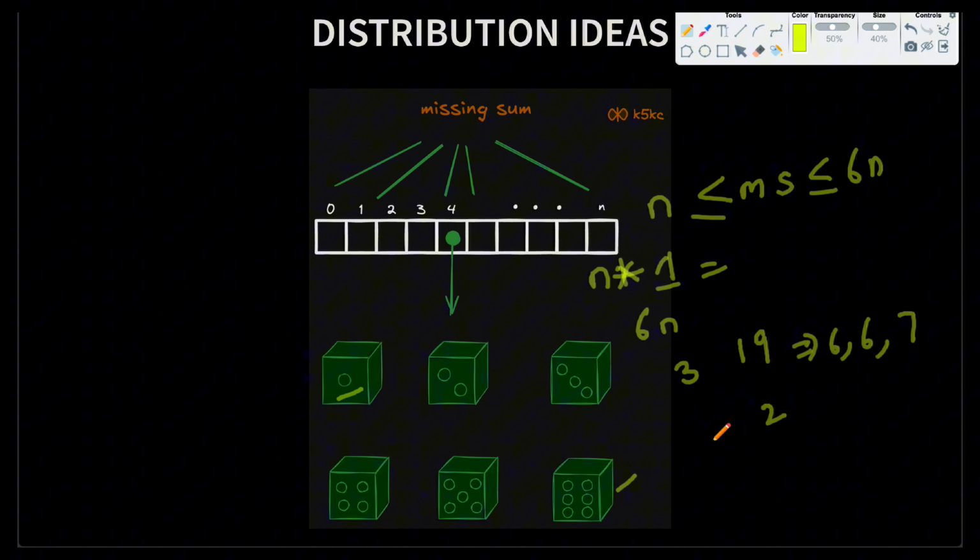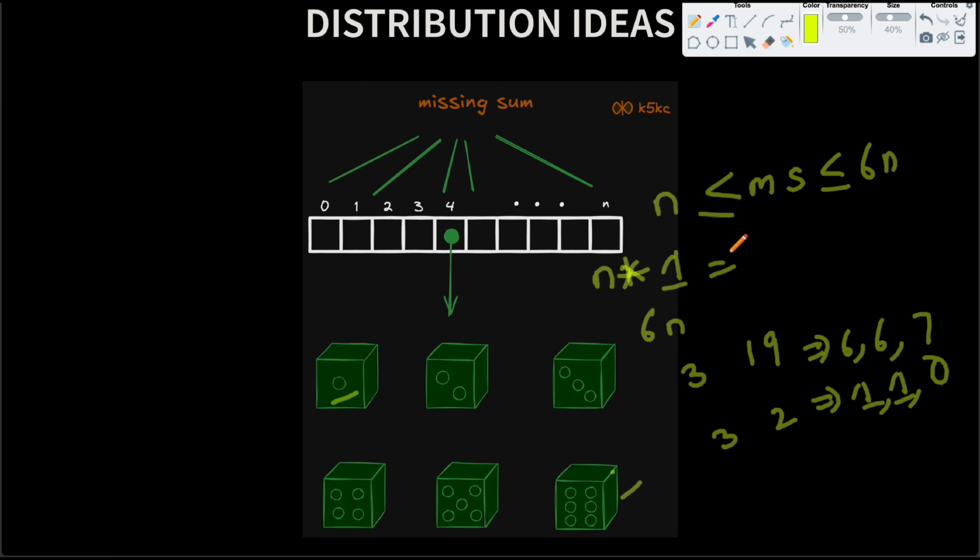And again, if our n is equal to 3 and missing sum is equal to 2, then we can distribute 1 each to two observations, but then the last observation will get 0, which is again not possible. So if our missing sum is between n and 6n inclusively, then there are multiple ways to distribute it. One way is to distribute 1 to each observation initially, because that is the minimum value we have to assign.